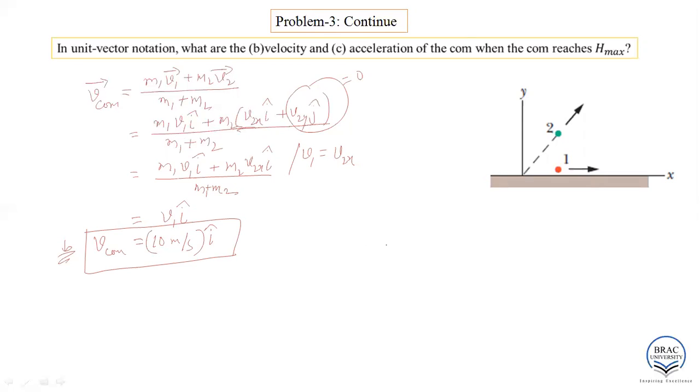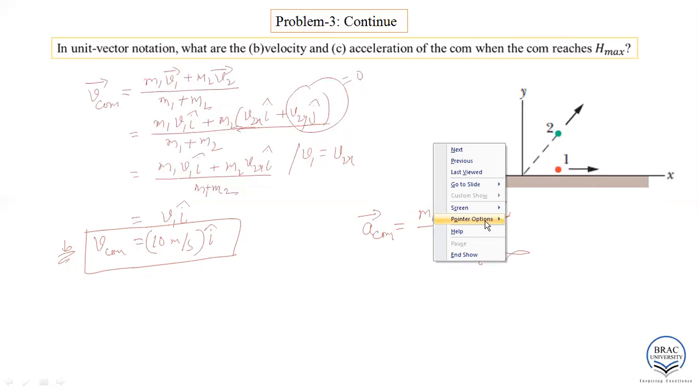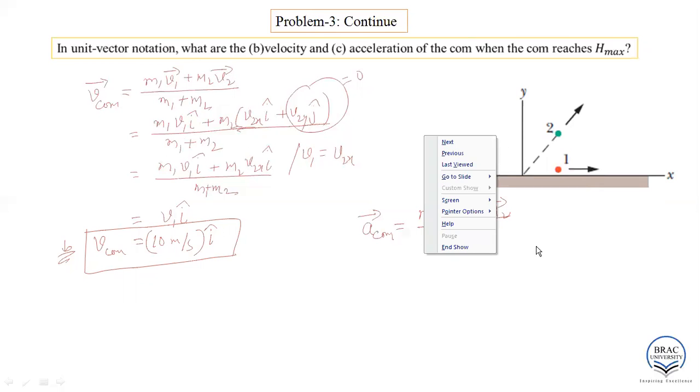Now for the acceleration of the center of mass, we know this equation: a COM is equal to m1 a1, acceleration of the first particle, plus m2 a2, acceleration of the second particle, divided by mass of first particle plus mass of second particle.